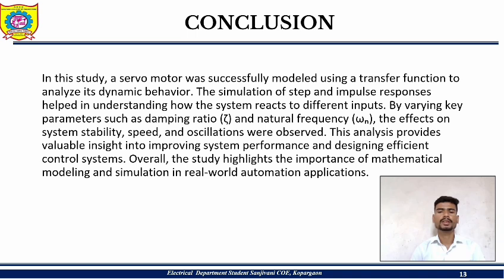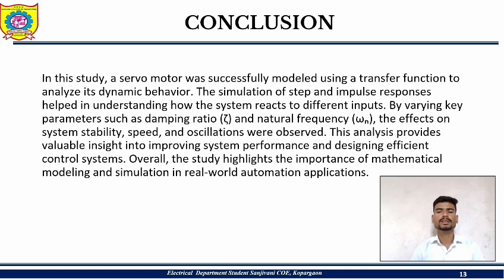This analysis provided valuable insight into improving system performance and designing an efficient control system. Overall, the study highlights the importance of mathematical modeling and simulation in real-world automation applications. Thus, a servo motor has been successfully modeled using a transfer function, which helps to understand how the system responds to different inputs in a simple mathematical way.